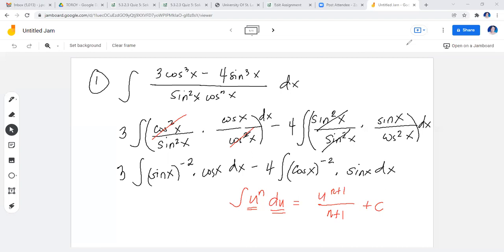I will use u raised to n du, the power formula, in processing this simplified expression for the original one. What will you do? I will not anymore write the integral because this can be processed already using the one that I have written below. So what will you do?